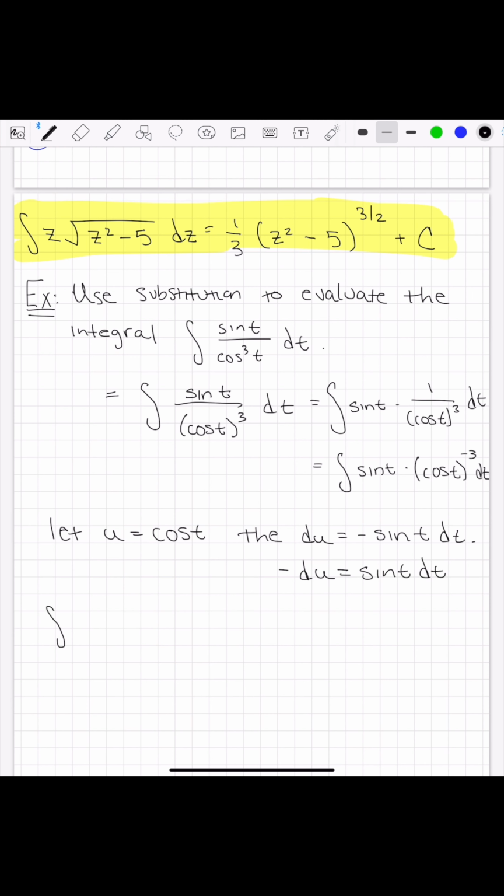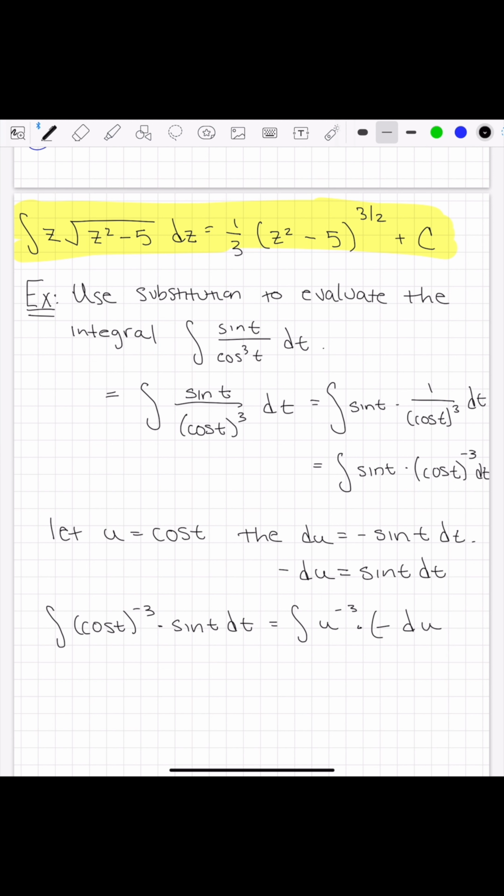So when we take our integral, I'm going to just flip these over to help with you guys seeing it. Remember, it doesn't matter what order you multiply things in, so we could just flip it. So this becomes u to the -3 times sine of t, which equals negative du. So I'm able to just plug in negative du.